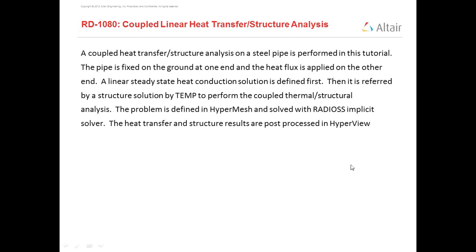A linear steady state heat conduction solution is defined first. Then it is referred by a structure solution by temp to perform the coupled thermal structural analysis. The problem is defined in Hypermesh and solved with the Radius implicit solver. The heat transfer and structure results are post-processed in Hyperview.